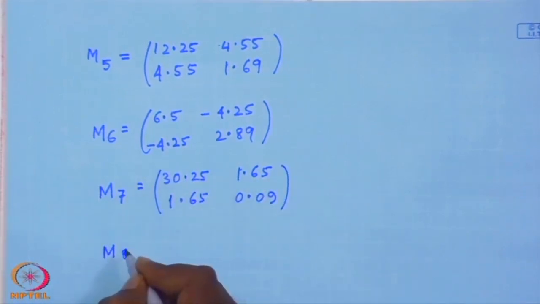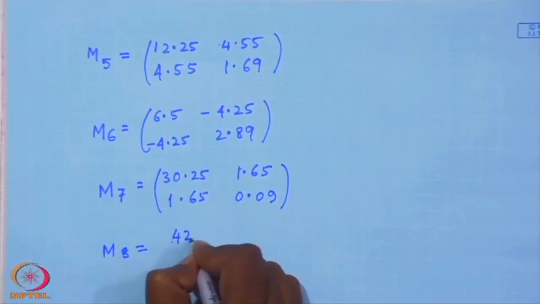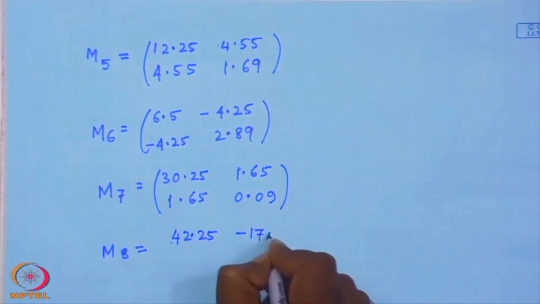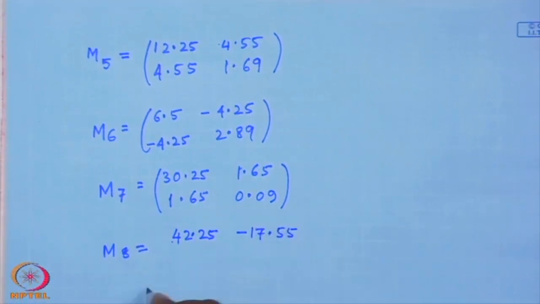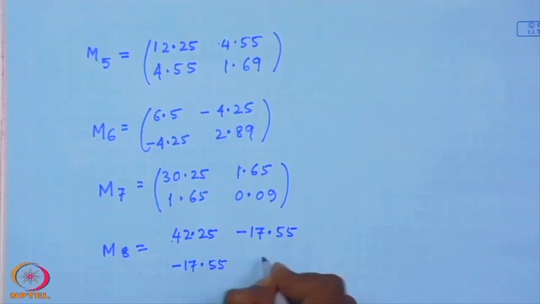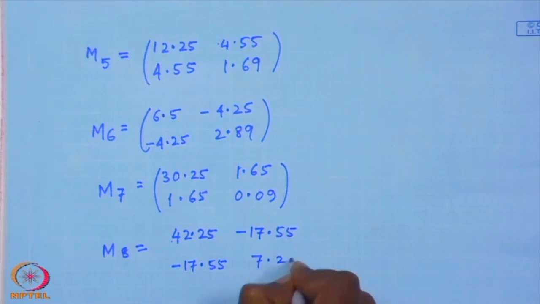M8 will be 42.25, minus 17.55, minus 17.55, 7.29.